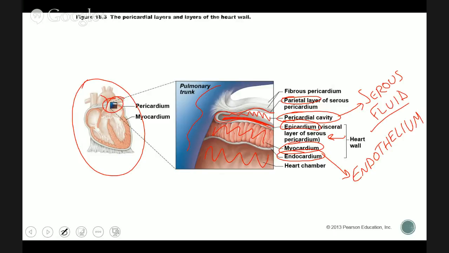So essentially, you've got the heart surrounded by a sac of fluid, and this sac of fluid helps decrease the friction so that the heart isn't rubbing up against other structures within the body, because the heart beats 60 to 80 times per minute, and you don't want that kind of wear and tear on the heart.